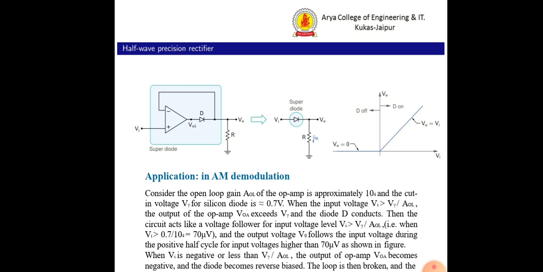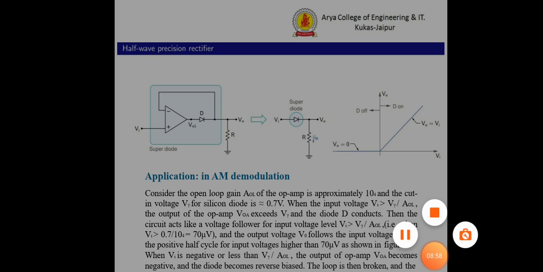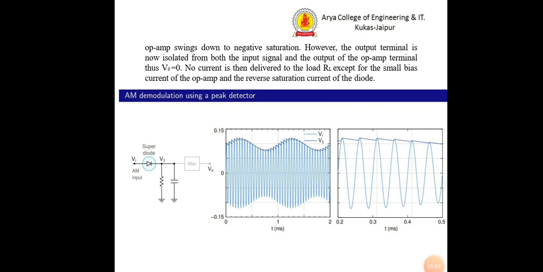This particular circuit is used in case of AM demodulation. The diode here is also known as a superdiode.